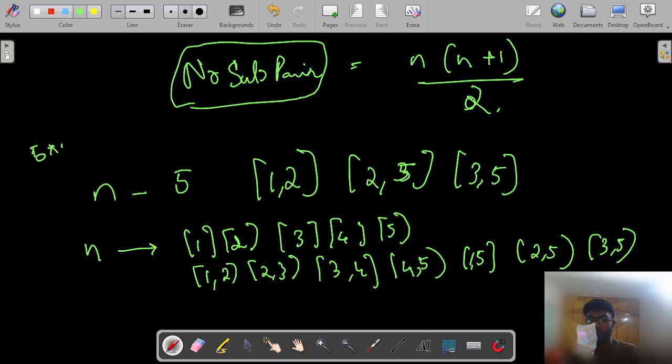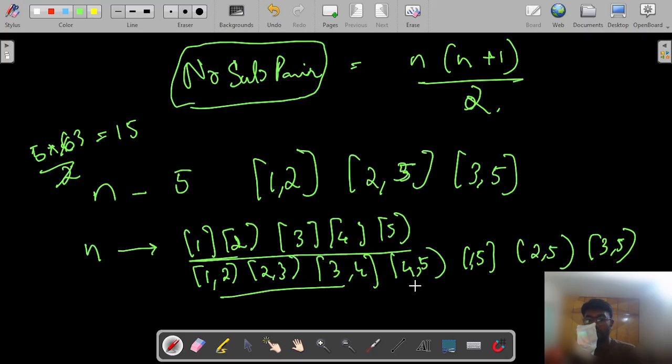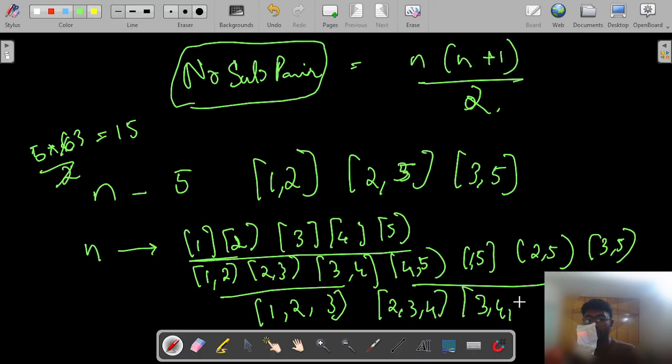5 into 6 by 2, so 15 subarrays. So we already have 5 here, and 7, 12, and 1 2 3, 2 3 4, 3 4 5.